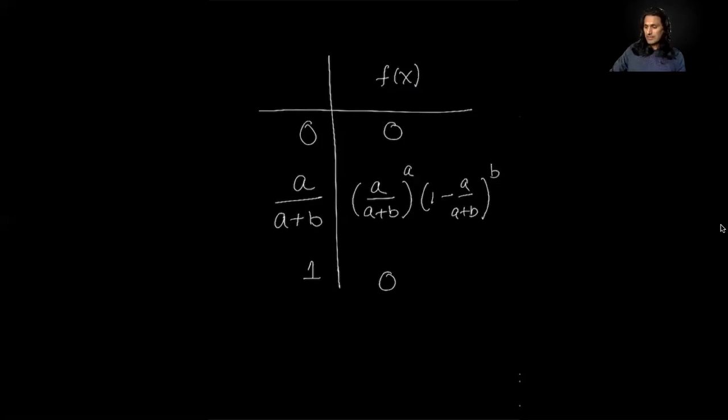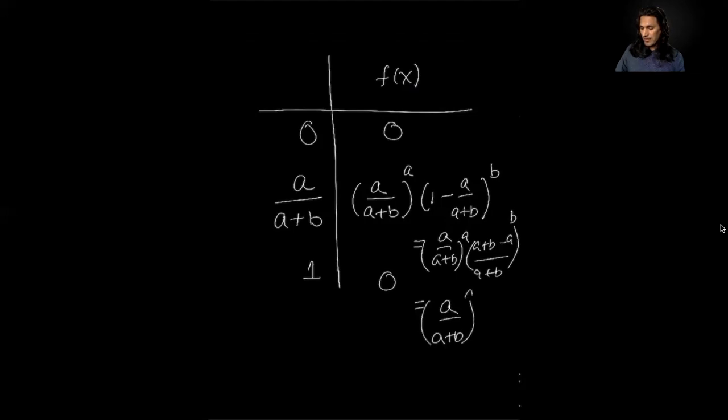So you can see that this is a positive value. If I simplify this a little bit, I will get b on the top, a plus b to the power a, and a plus b minus a divided by a plus b to the power b. So this value is basically a over a plus b to the power a and b over a plus b to the power b, which is positive. It means this value gives me the maximum.